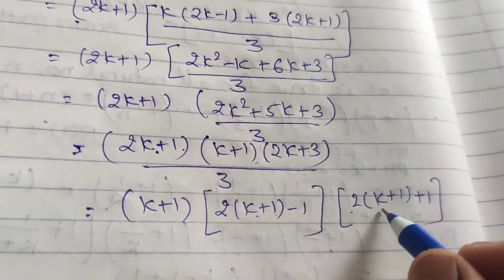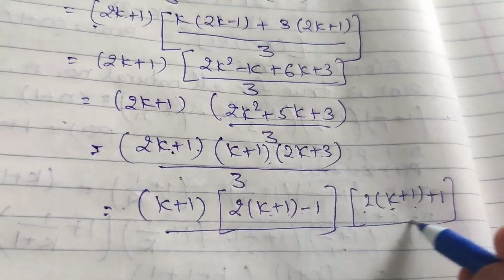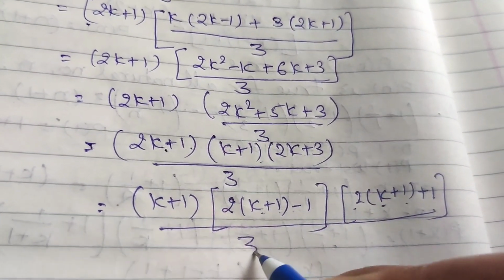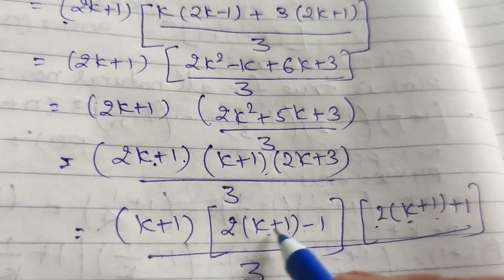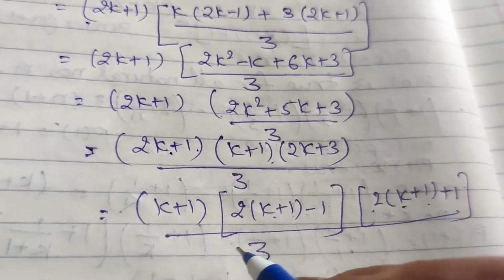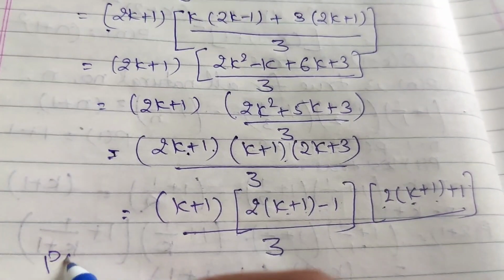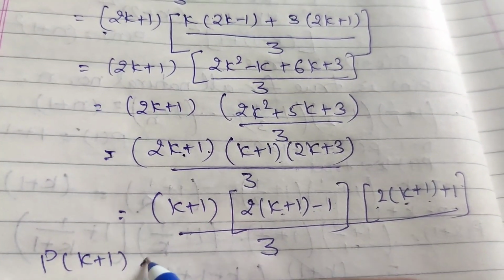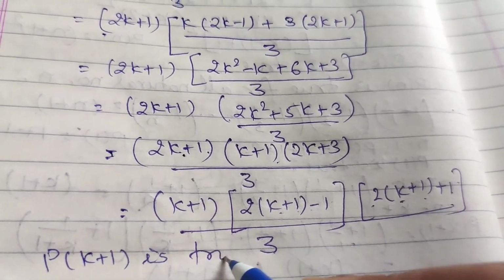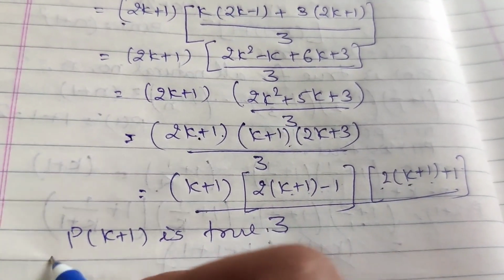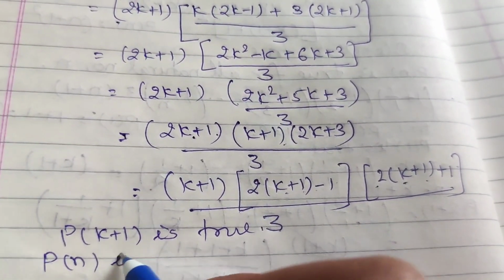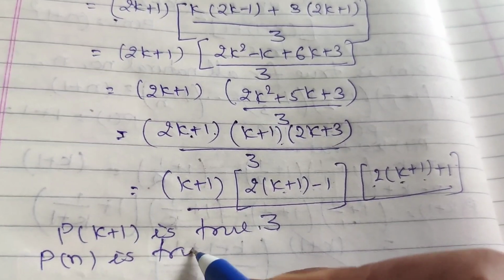We can write (2k plus 1 plus 1) by 3. It means just replace n: (2n minus 1), (2n plus 1). It means Pk plus 1 is true. Okay. Therefore, Pn is true for all natural numbers.